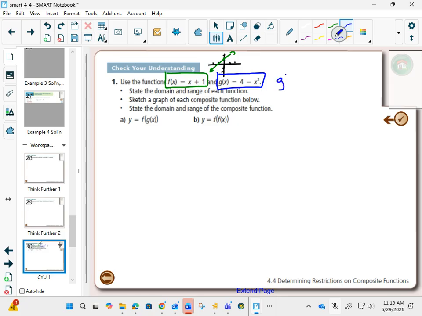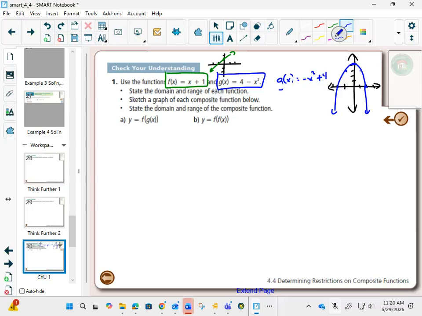I might even rewrite g of x to be minus x squared plus 4. It's a parabola. Vertical reflection, moved up 4 units. So I can quickly sketch that. So I have a picture of both of those graphs in my head.